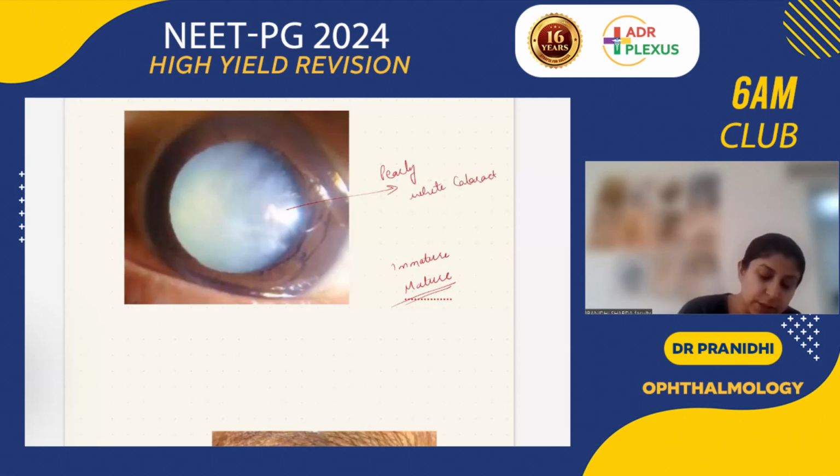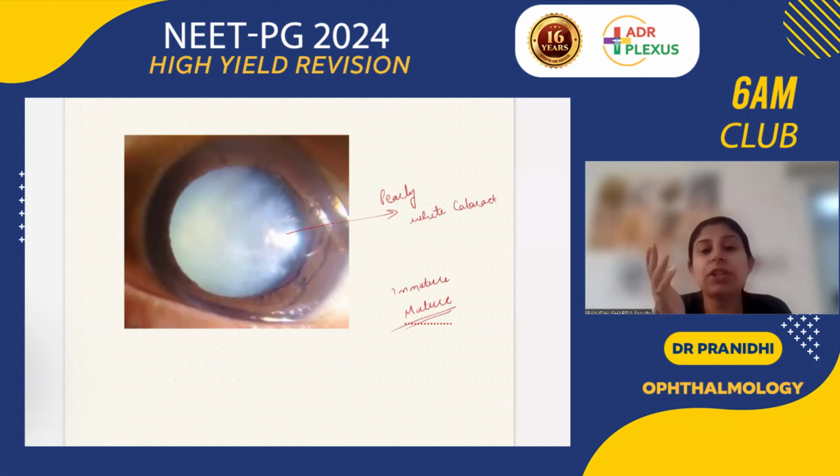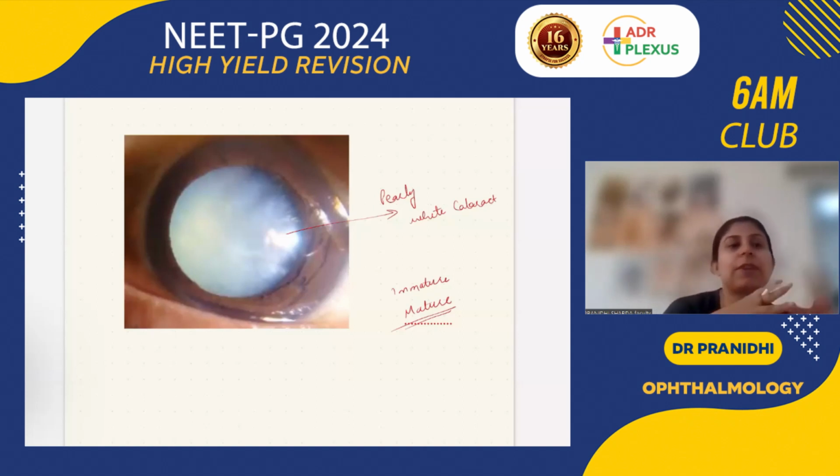Whenever you get a pure white cataract, it is known by the name of pearly white cataract, and it is a type of mature cataract. In this mature cataract, you cannot tell whether it was made up of nuclear cataract or is the result of posterior subcapsular cataract, because in immature cataract we can say that the nuclear part is opacified, this is nuclear, the cortical fibers are opacified, this is cortical.